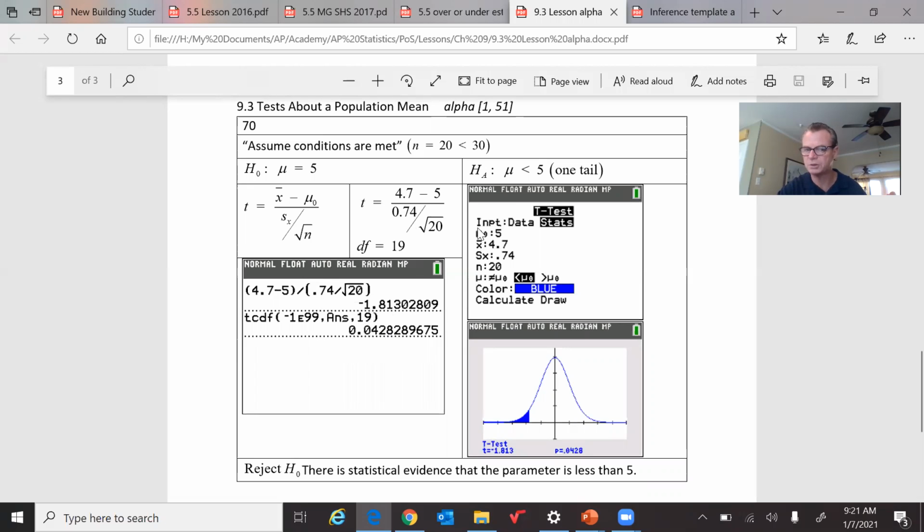It's a one-tailed test. We're not doubling it. If we go to the t-test, we pick this inequality instead of not equal to, and you get this p-value, which is less than 5%, so we reject the null. So in this problem, there is statistical evidence that the parameter is less than 5. Okay? So that's that for the alpha lesson.